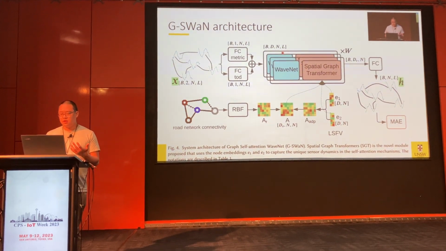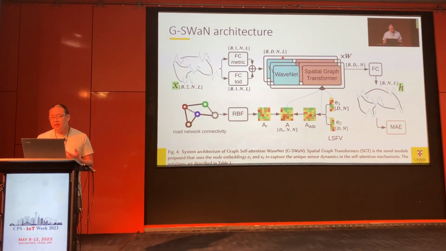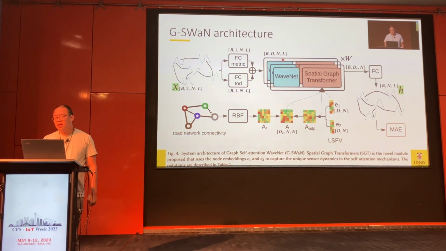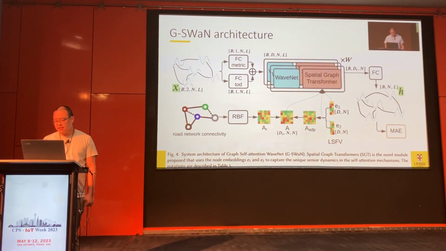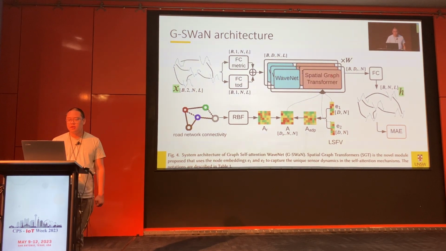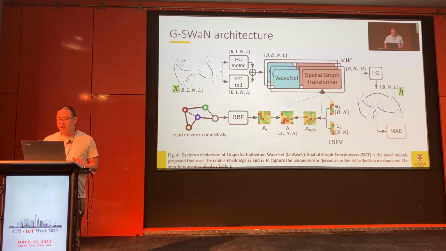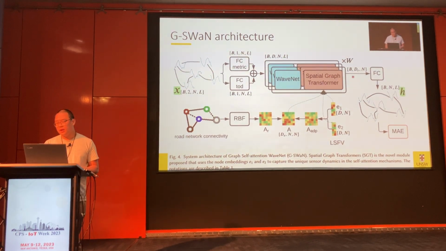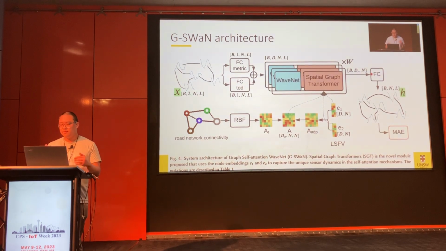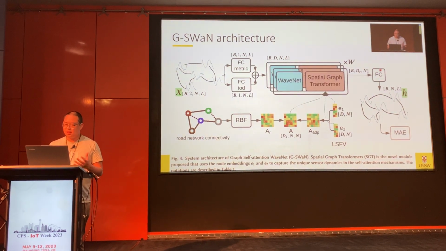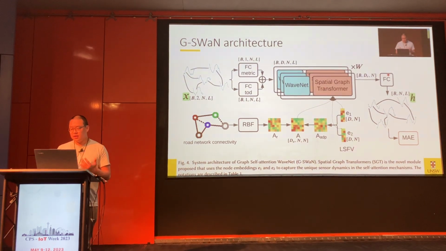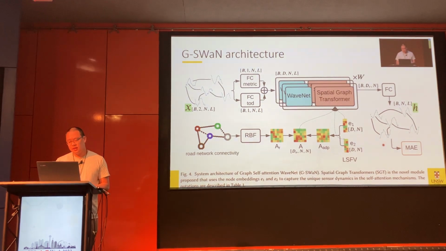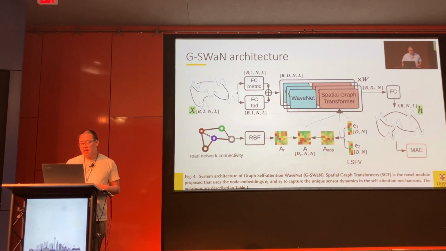Some people call it WaveNet. It's also known as TCN, temporal gated network. And then this is SGT, our spatial graph transformer, our contribution. And after several layers of this, we give it to the final decoder. It's basically just an MLP, a fully connected layer, before we make the prediction, and we use MAE as the loss function.